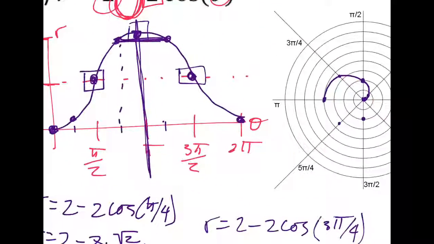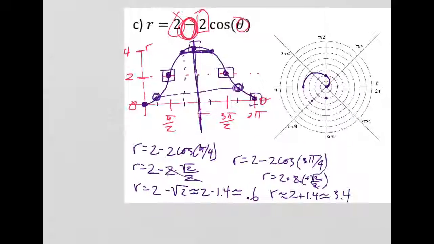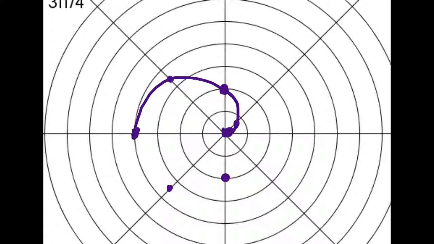Continuing through, I know I'm going to end where I started, back at the pole, and 7 pi over 4 right there is going to have the same y value as it did at pi over 4, which was 0.6. And so I'm going to get that 0.6 right there. Again, it's all perfect symmetry, and this is going to curve around and back in.